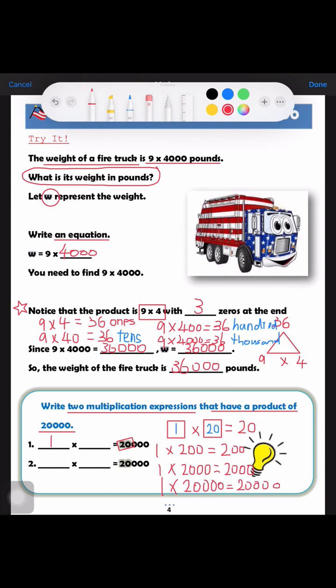So this is the first expression, 1 times 20,000. The other basic fact can be 2 times 10. 2 times 10 equals to 20. So if we calculate mentally, you will find that 2 times 10,000 equals to 20,000.